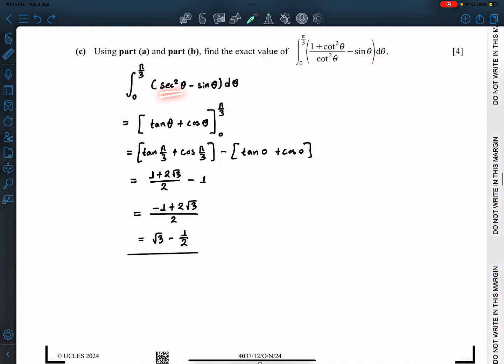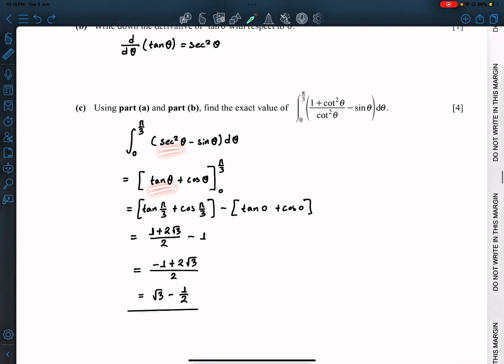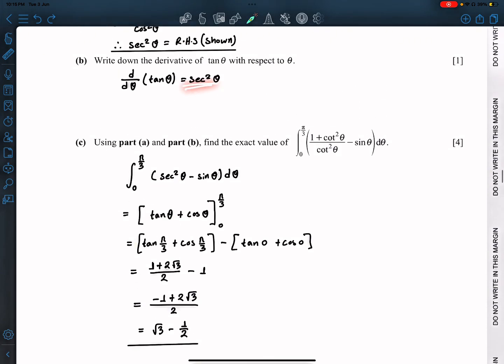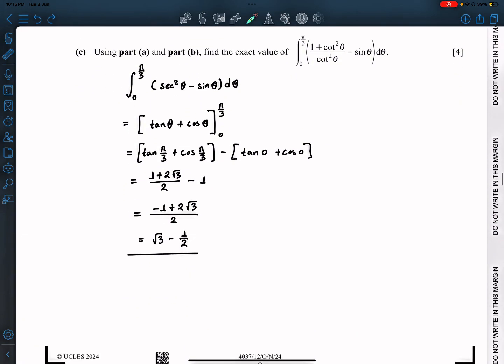The integral of secant squared of theta is simply tan theta, as we know that secant squared of theta is the derivative of tan theta. So if we take the integral on both sides, we see that the integral of secant squared of theta equals tan theta with respect to theta, of course.